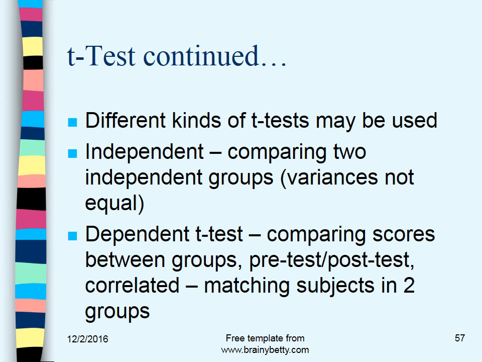You can do independent, which is comparing two independent groups where the variances are not equal, or you can do dependent t-test, which compares the scores between groups, a pre-test, post-test, correlated groups, matching subjects in two groups. So dependent t-test is used a lot of times more frequently, gives you a little bit more leeway. But if you're just doing two independent groups, two different groups, then you're doing independent t-test.